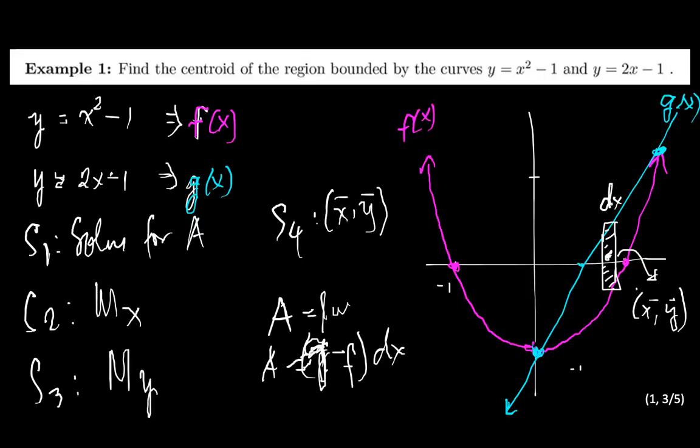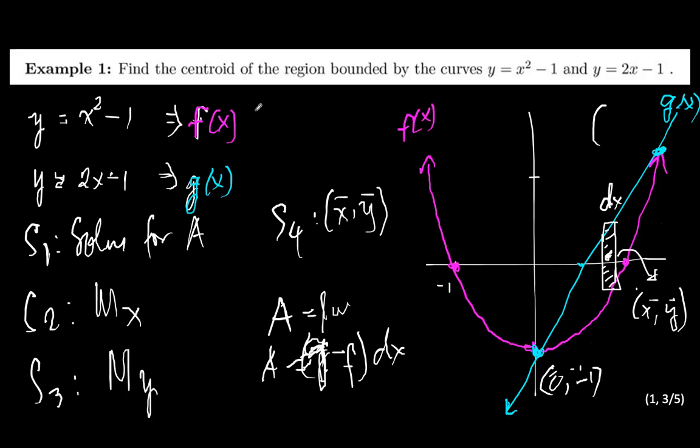So the boundaries are, since it's dx, we're going to get the x coordinates of these two points. We have here 0, 1, and this one is, what's this? Oh, we haven't solved for the point of intersection yet.